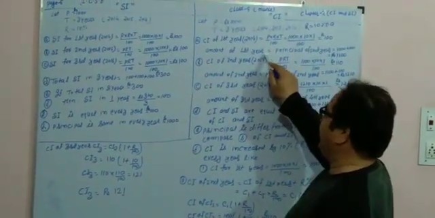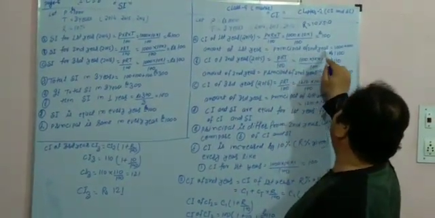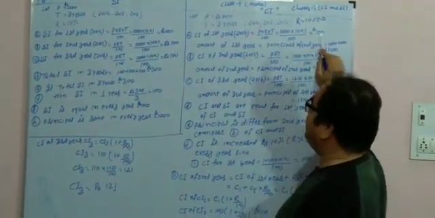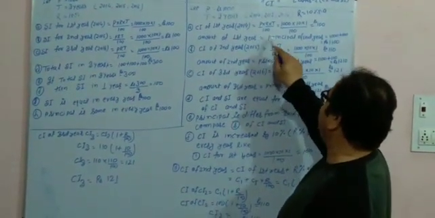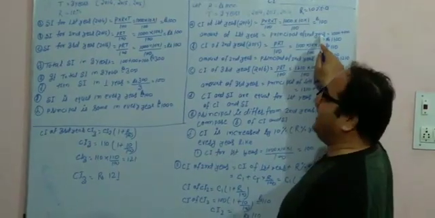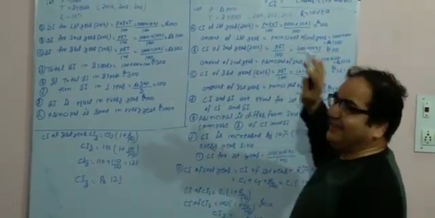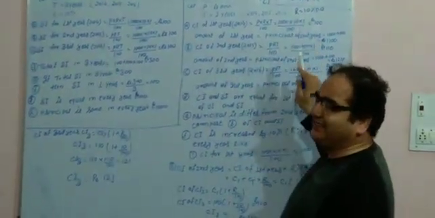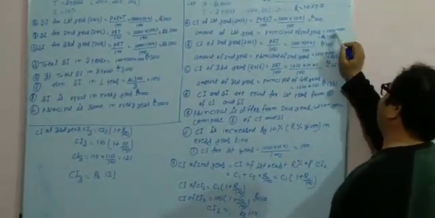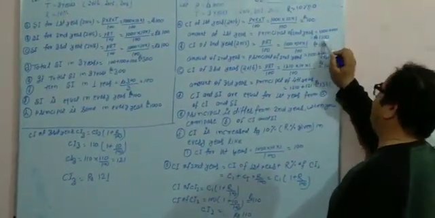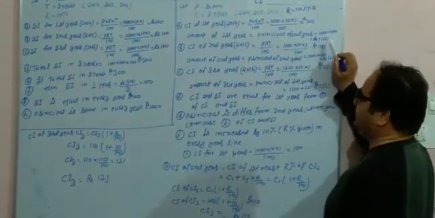Amount of the first year is equal to principal of the second year, only in the case of compound interest. So it is equal to 1000 plus 100, which is 1100.